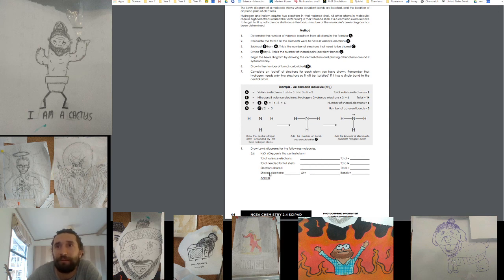Then you subtract the big number minus the small number, 12 minus 8, which gives you 4. Then divide that by 2 and it gives you the number of bonds you need. Then you can work out your answer.